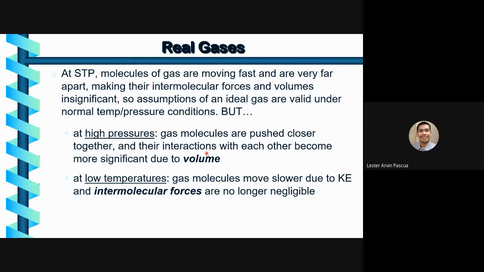Hindi mo na pwedeng hindi pansinin yung presence ng intermolecular forces pag mababa ang temperature at mabagal ang galaw ng iyong mga gas molecules. At high pressure and low temperature, hindi mo pwedeng i-assume na ideal gas behavior yung nangyayari sa gases mo.